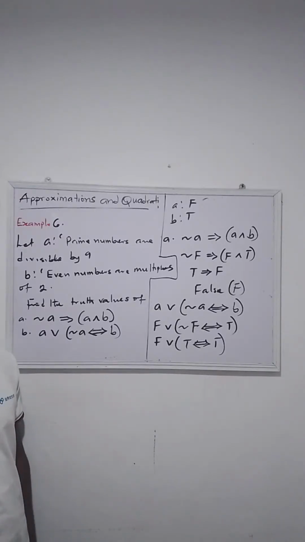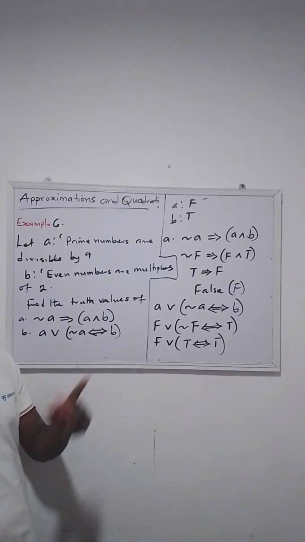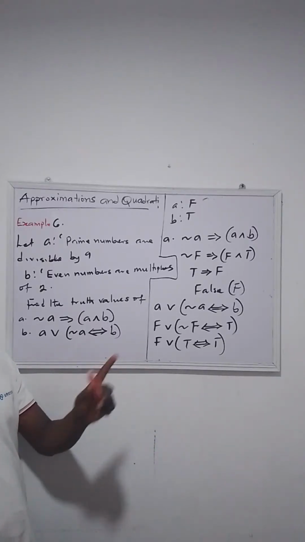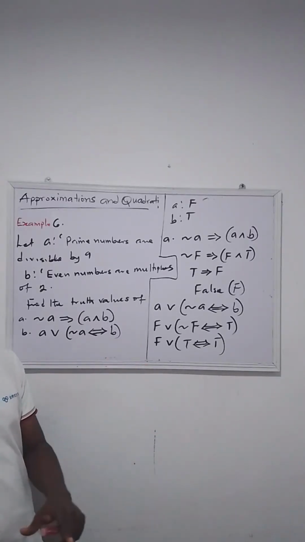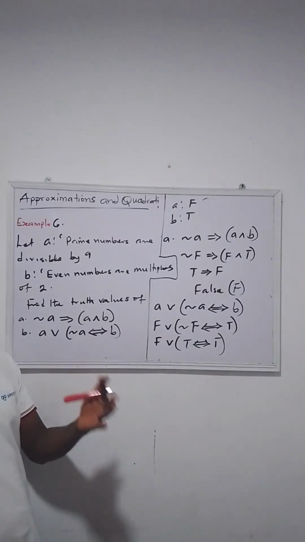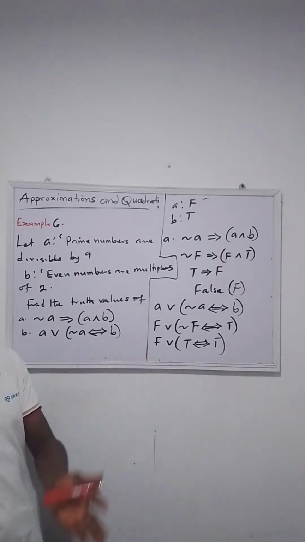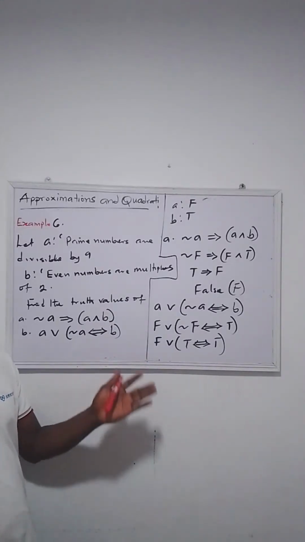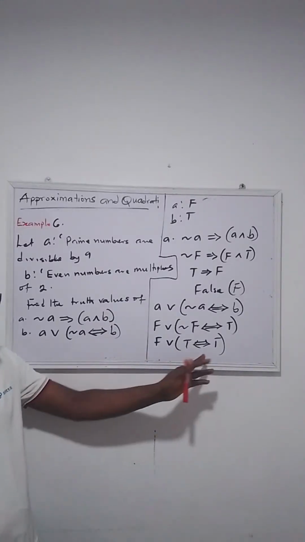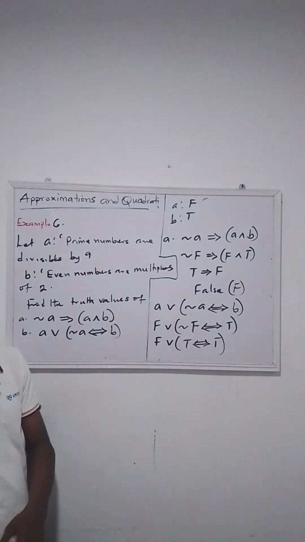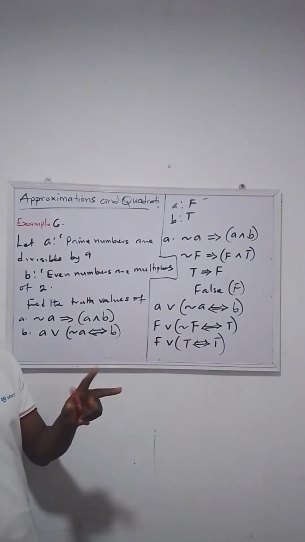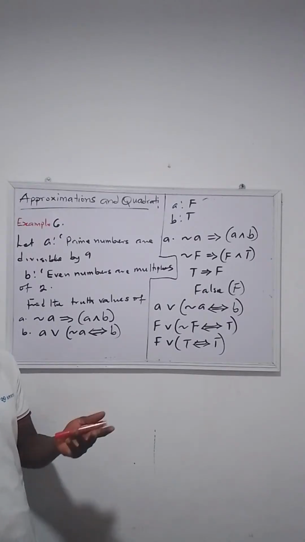Don't forget, under by conditional, once we have the same truth value, we have a truth value of true. That is, false by conditional false is true, and true by conditional true, like what we have here, is going to give you true. But once we have opposite truth values, that's going to be false.